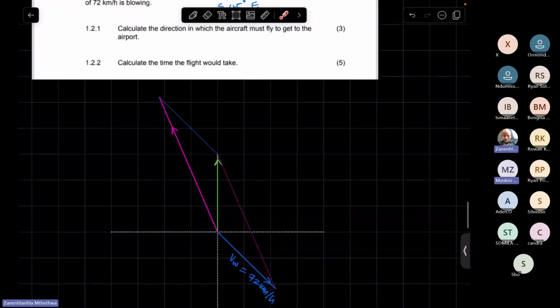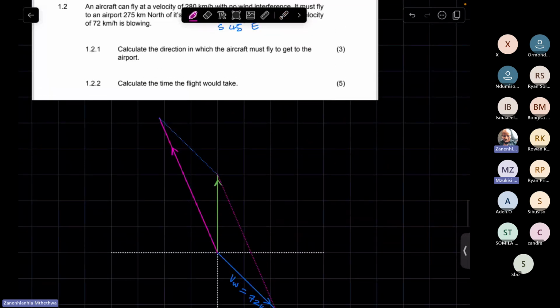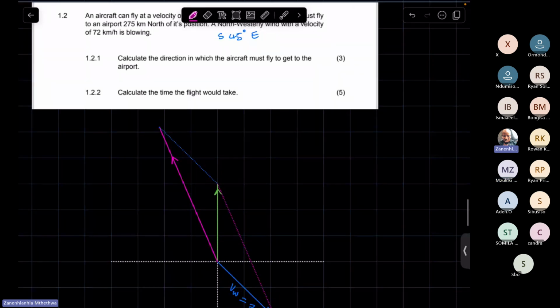Right. Just one more question, sir. Would I be wrong if I drew the wind vector in the quadrant that is given, the northwesterly?